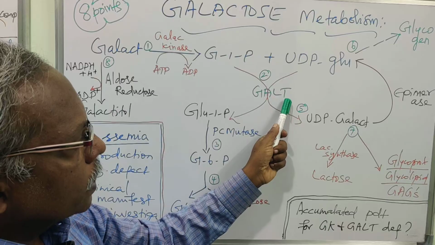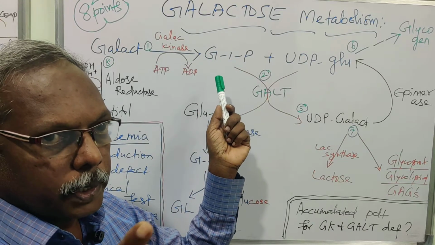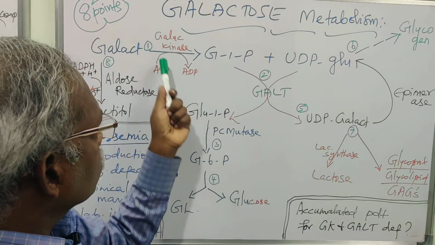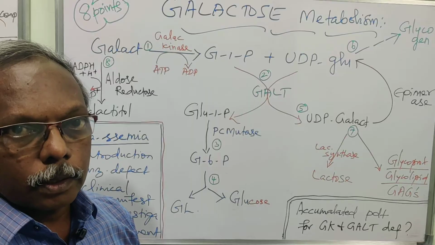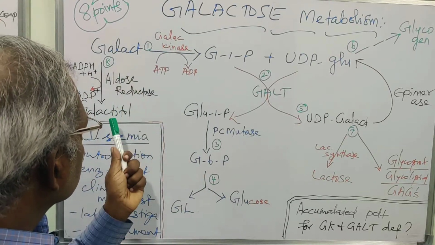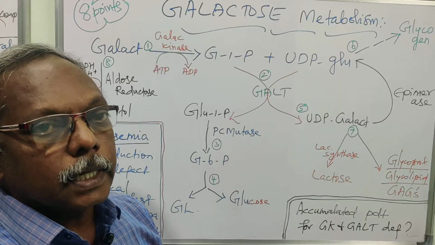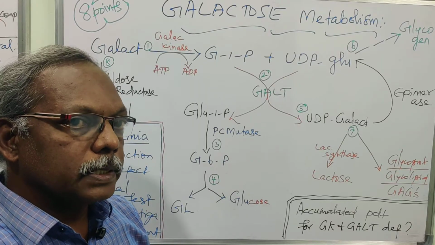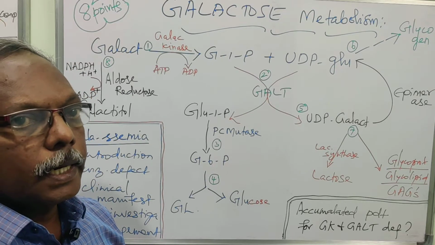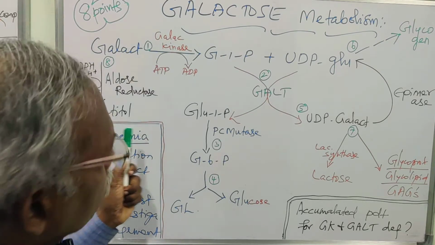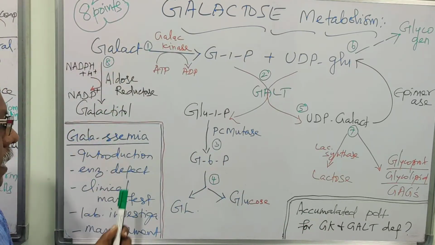Galactose 1-phosphate uridyl transferase deficiency will lead to the accumulation of galactose 1-phosphate, an important MCQ, whereas galactokinase enzyme deficiency produces accumulation of galactose. This galactose will be converted into galactitol in the lens and retina, and they will go on to form cataract, congenital cataract. Next is the accumulated product and galactitol formation.